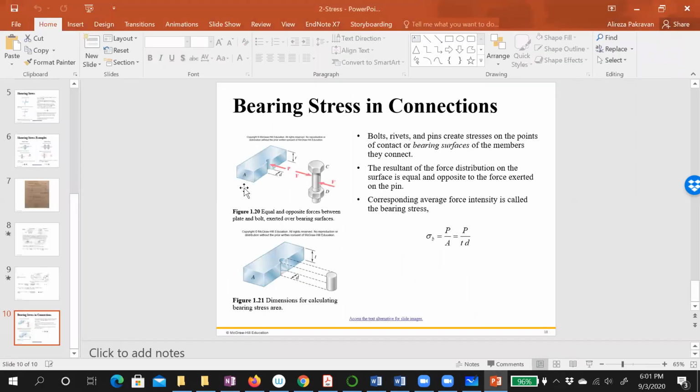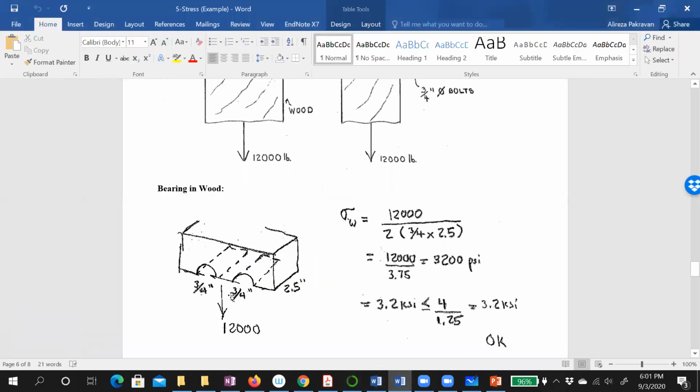It looks like this area, right? But in my problem, we inverse the plate 90 degrees, and then we have this one: 3/4 inch times 2.5.